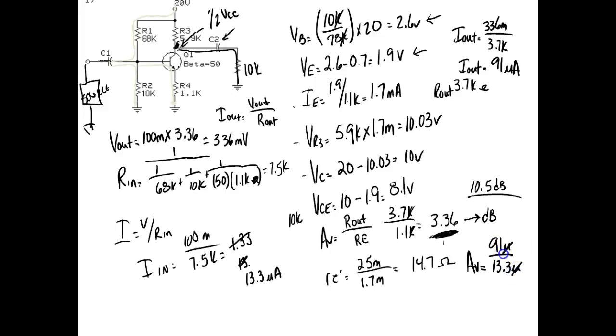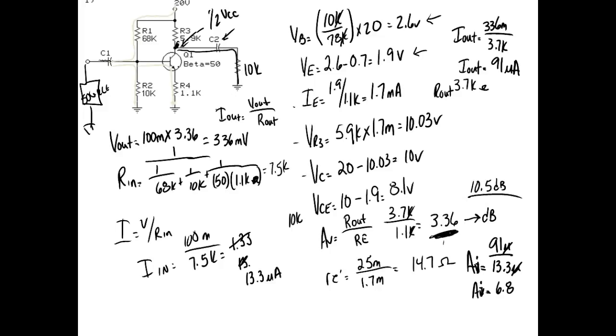Of course, the micro is going to cancel. So AV would be equal to what? I mean AI, sorry. We got a 6.8 current gain. We got a 3.36 voltage gain.